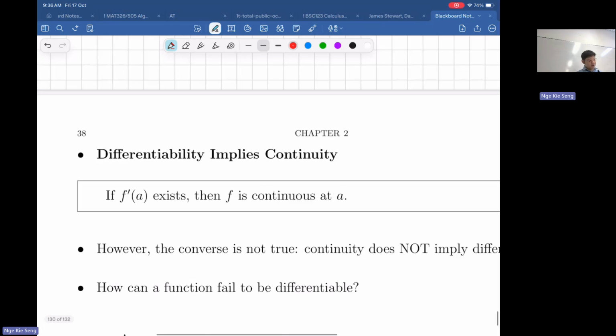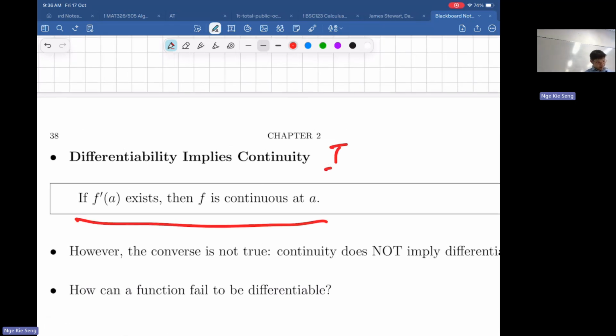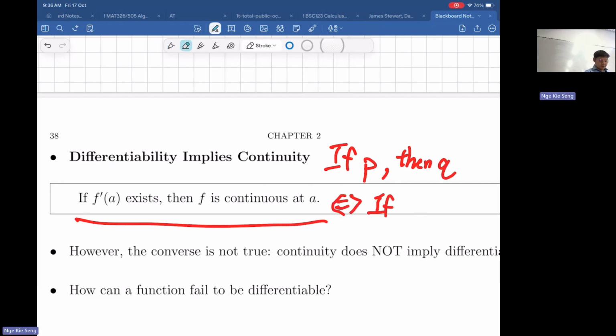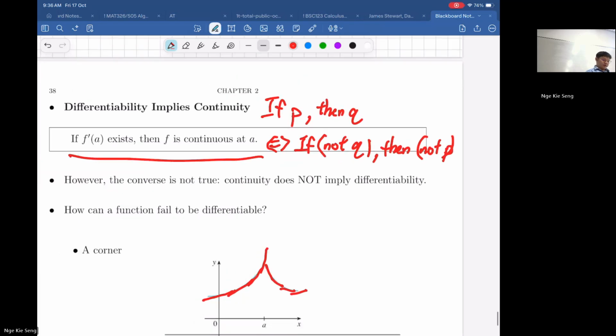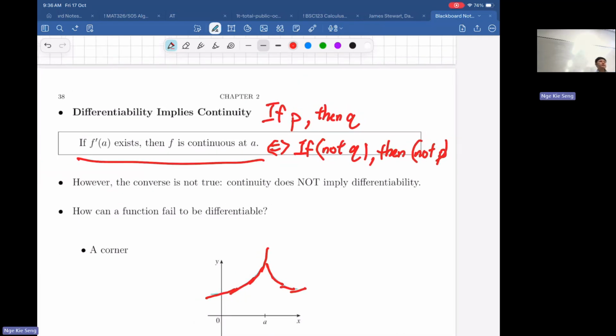Actually, this is also a logic statement. If you have a statement like if P then Q, this is equivalent to if not Q, then not P. These two are equivalent.